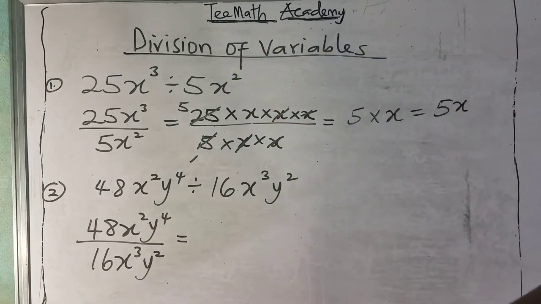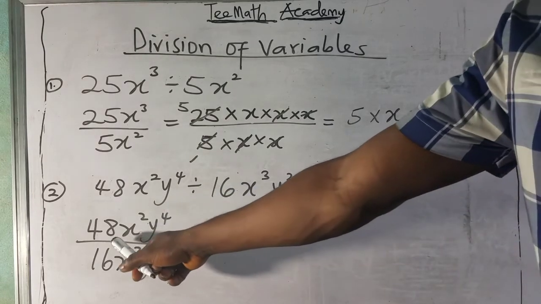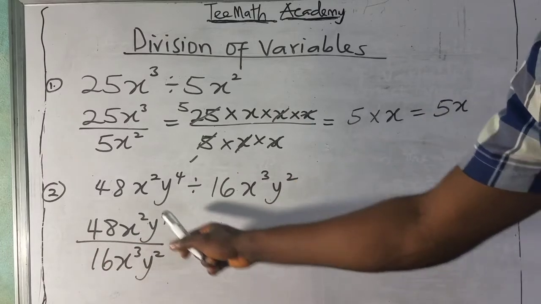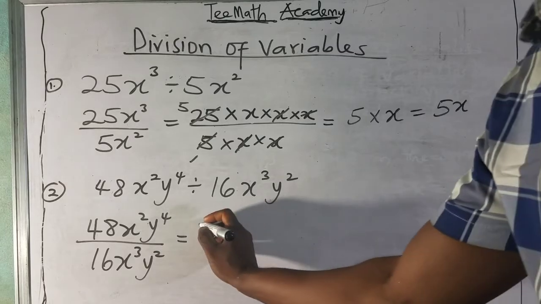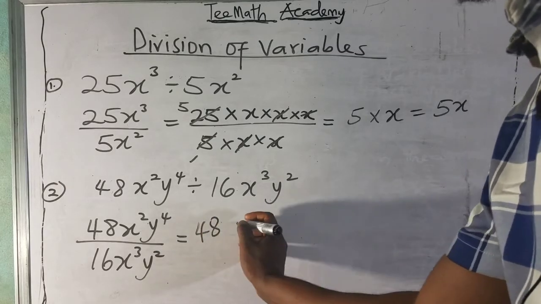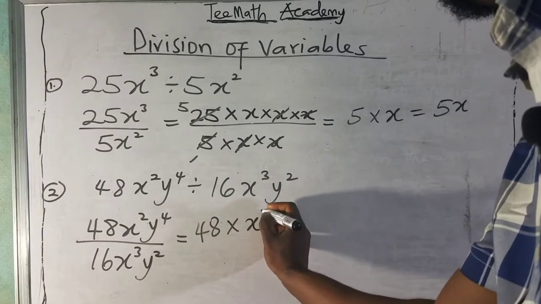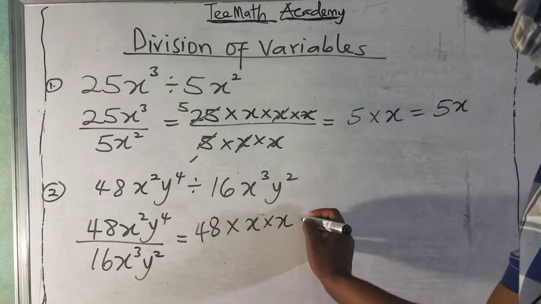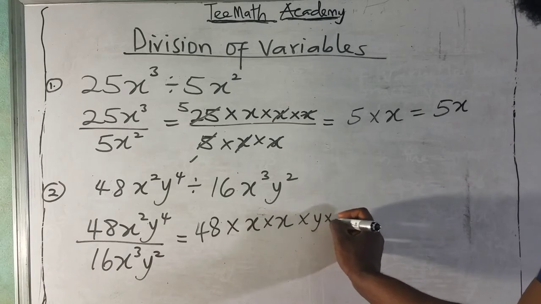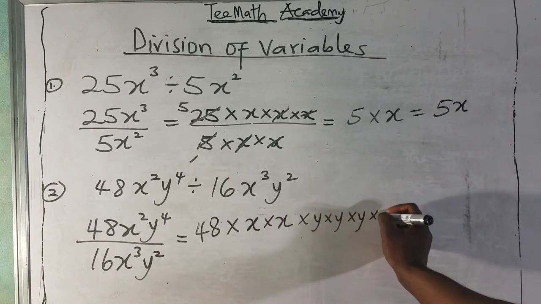Number 2, 48s squared y raised to power 4 divided by this. So I brought it to this place and divide it. This divided by this. So what do you do? You will split them. That will be 48 times s times s in 2 places, times y in 4 places.